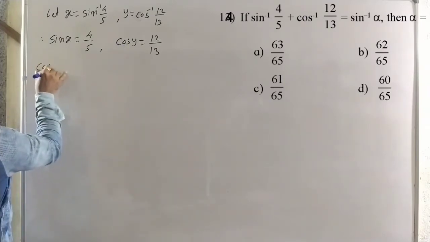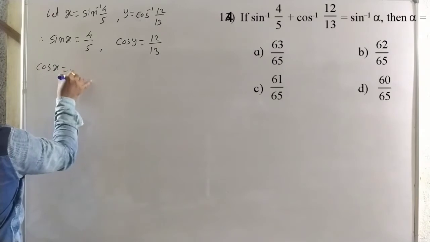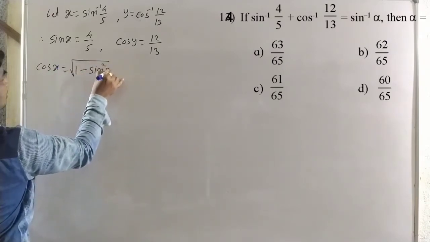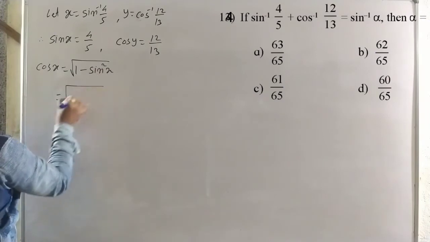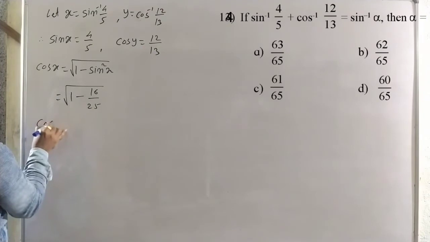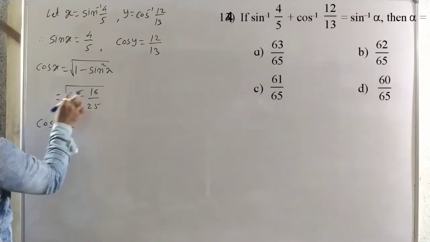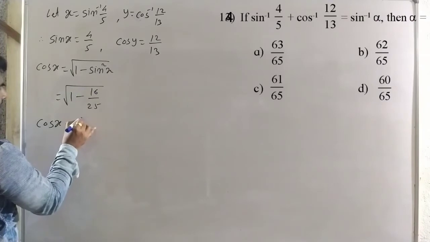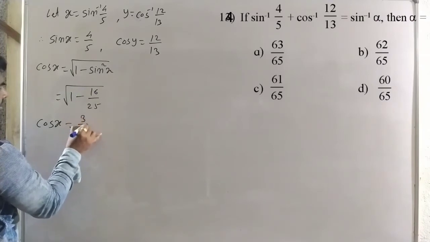Therefore cos x is equal to under root of 1 minus sine square x, which is under root of 1 minus 16 by 25. 25 minus 16 is 9, so 9 by 25, therefore cos x is 3 by 5.